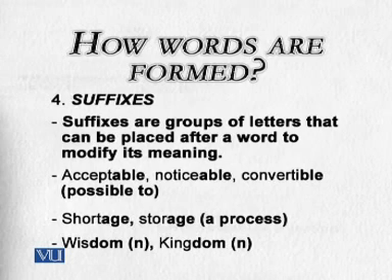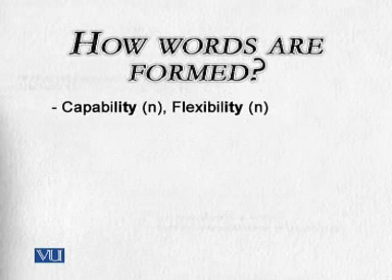Then another keyword is short, and AGE is a suffix, keyword plus AGE put together, shortage, or storage. Then is wisdom, then is kingdom. In both of these cases, DOM is the suffix and new words are there. Then capable, from capable to capability.